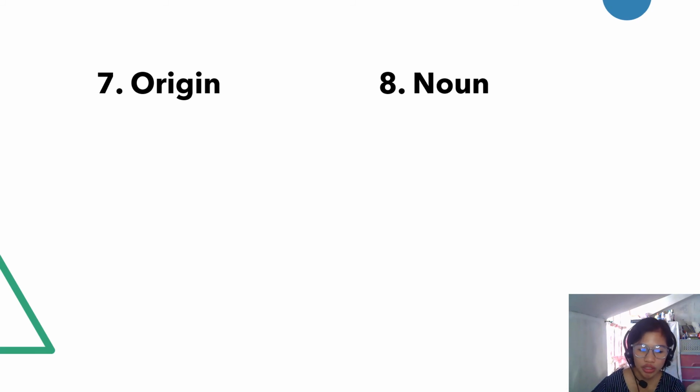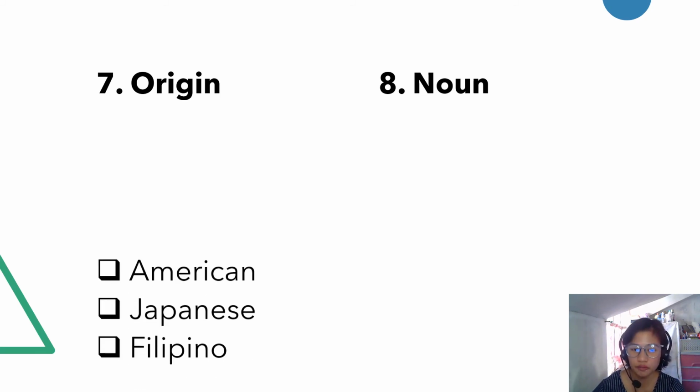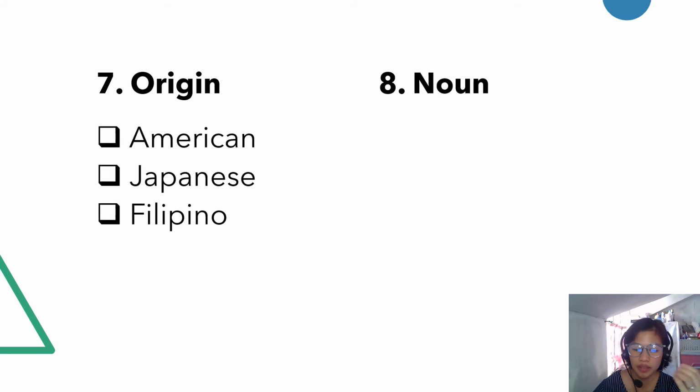Next, the origin. You can tell here where something came from. It can be American, Japanese, Filipino. Okay, so for example, a Japanese cheesecake. Determiner, a. Japanese is the origin of the cheesecake.